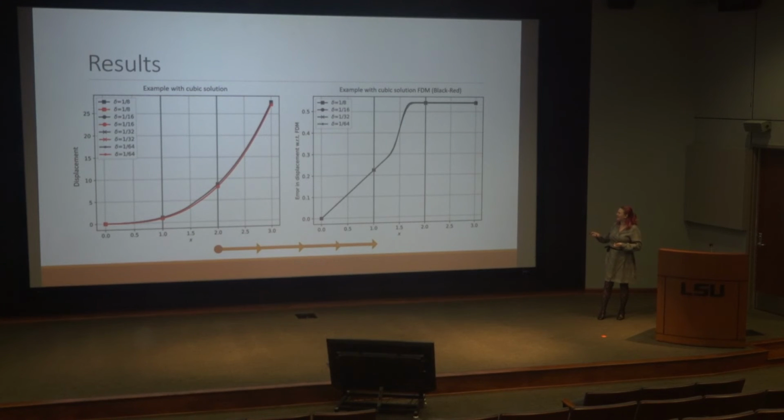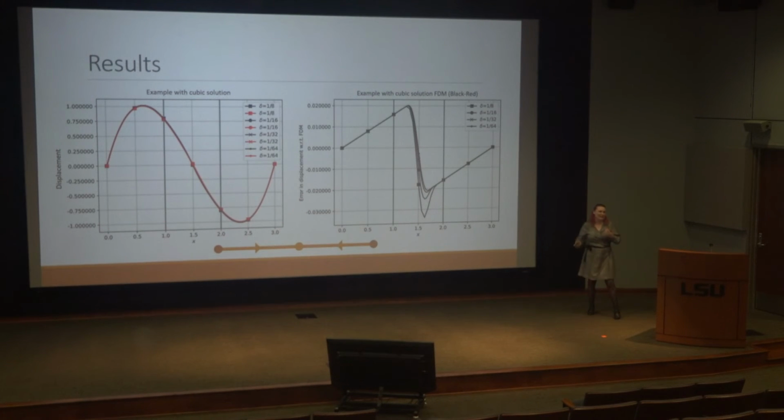This is the second case, where both of the endpoints remained fixed, but there was force pushing them towards the center where they would reach 0. Again, on the left we have the displacement graph, and on the right we have the difference between them.